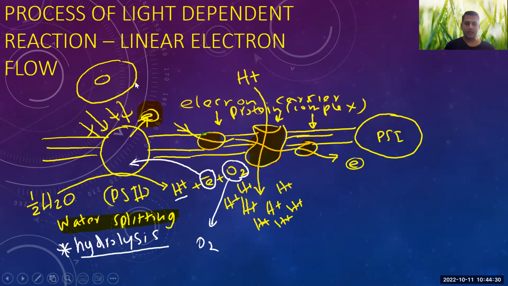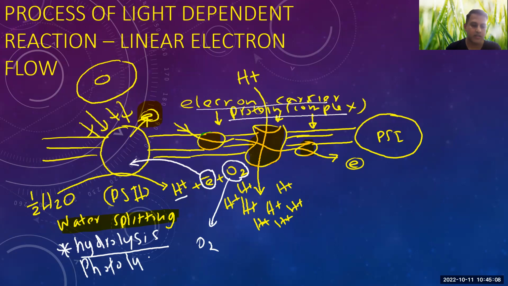So just to summarize again: light is absorbed by PS2, chlorophyll absorbs light and electrons are excited. The electrons move down from a high energy state to a low energy state through electron carrier proteins in the membrane. That energy is used to pump hydrogen ions in, and the PS2 complex becomes stable with the electrons. Water splitting takes place, so hydrolysis or photolysis. I think this word is the most important word, right?